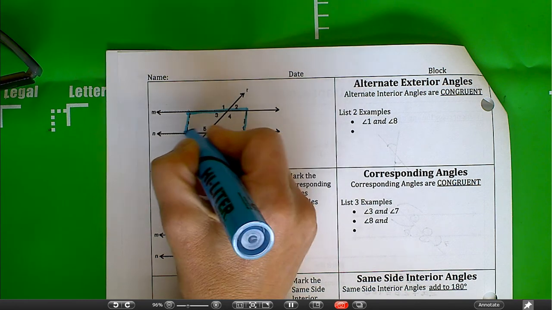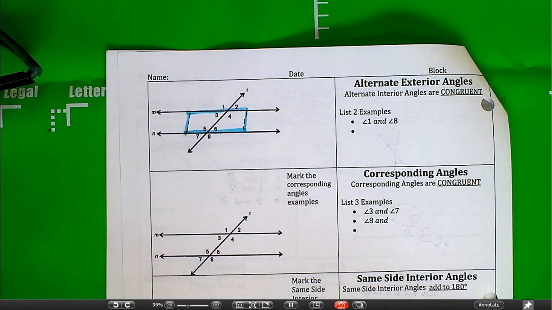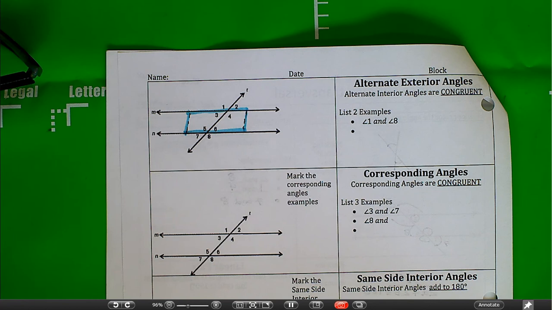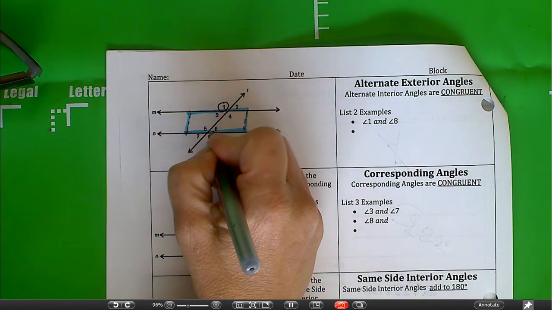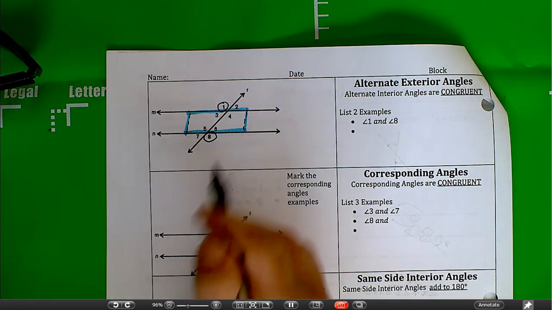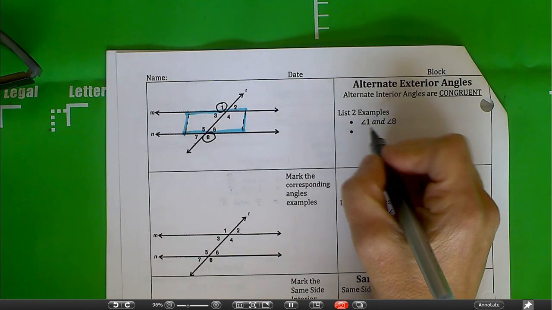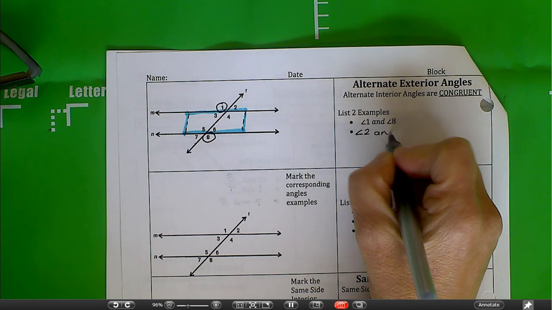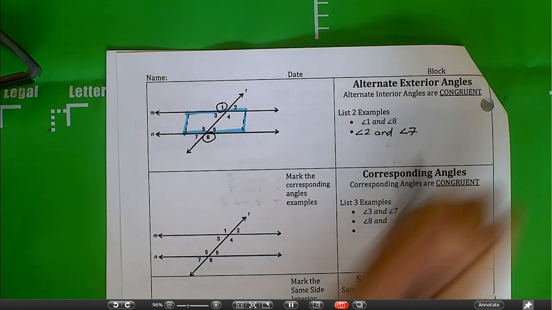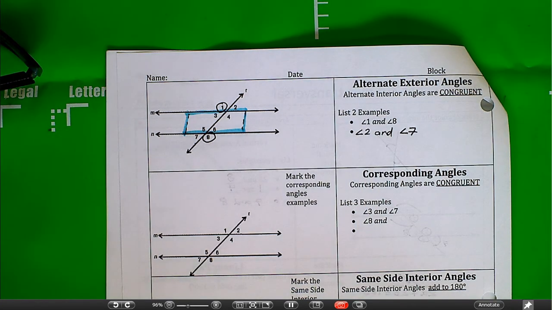Here's our box, and we are exterior to the box. So we have 1 and 8 are alternate exterior, and 2 and 7 are alternate exterior.